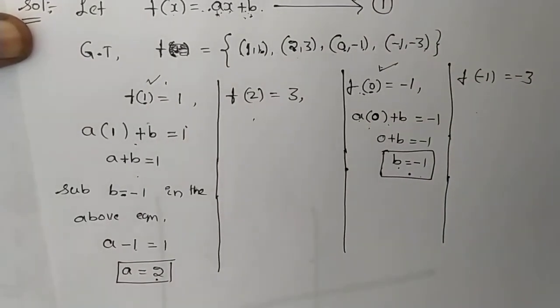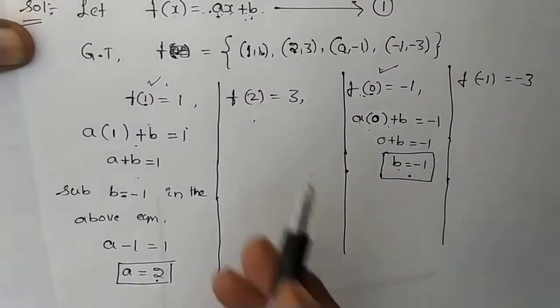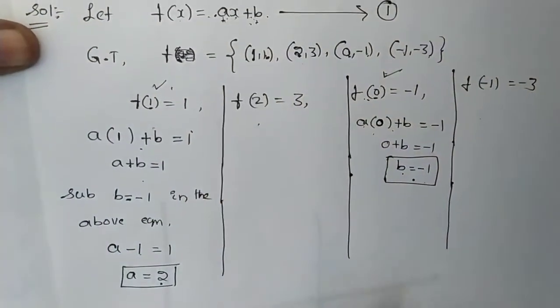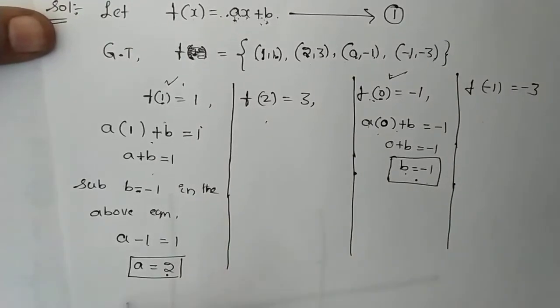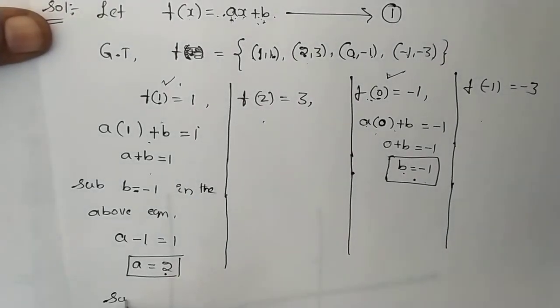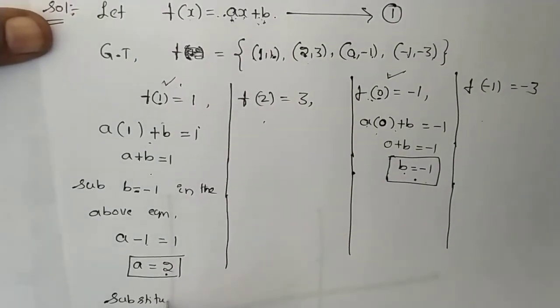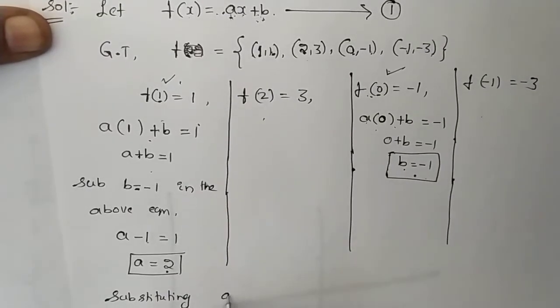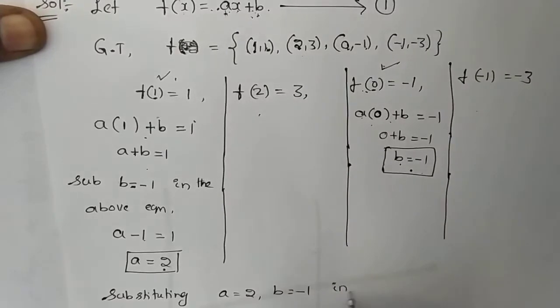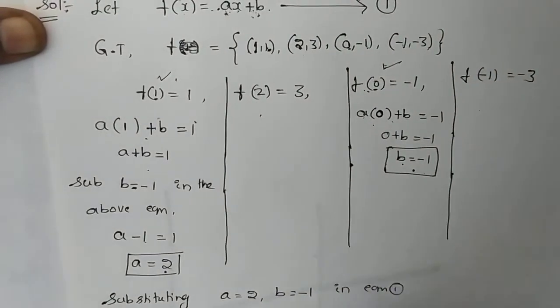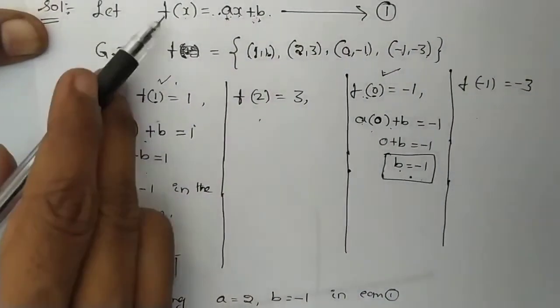Now you just substitute this a and b in equation number 1. Finally we will get the required linear equation. Substituting a equals 2, b equals minus 1 in equation 1, what do we have?